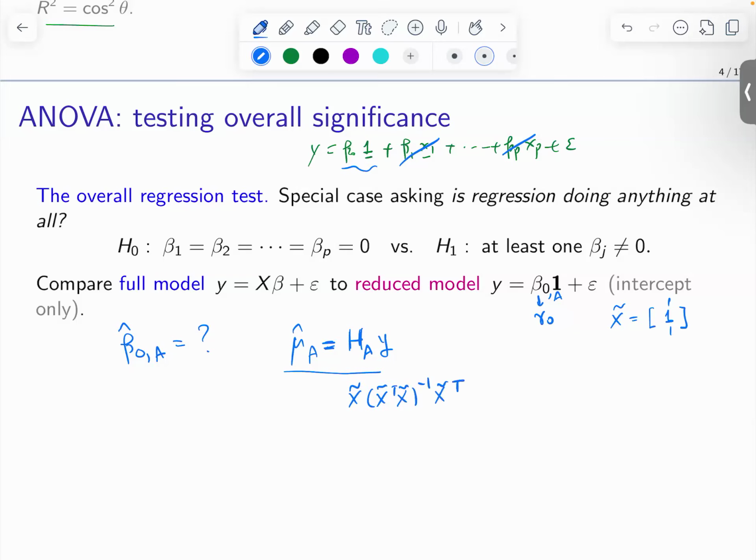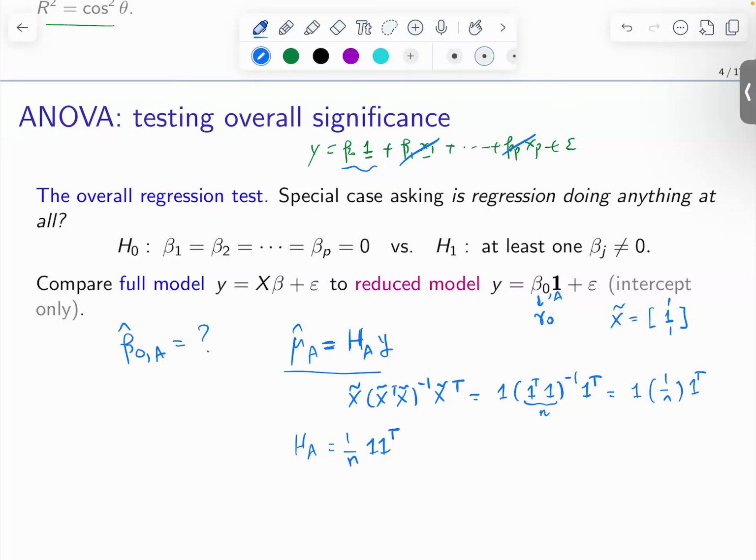And what would that be? We just see 1 transpose 1 inverse 1 transpose. Does it simplify? 1 transpose 1 is n, so it would be 1 over n. So you get 1 times 1 over n times 1 transpose. We really get that HA is 1 over n times 1 1 transpose.